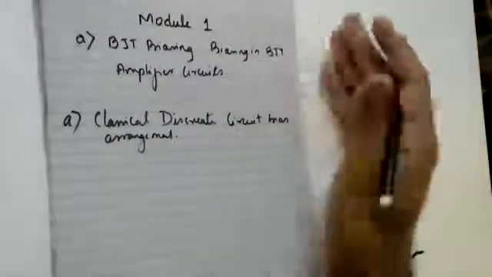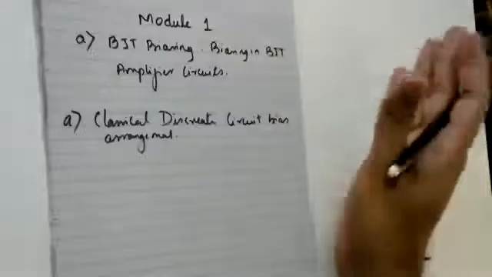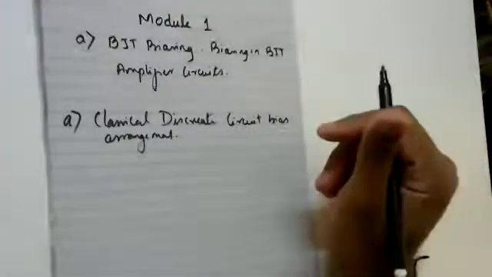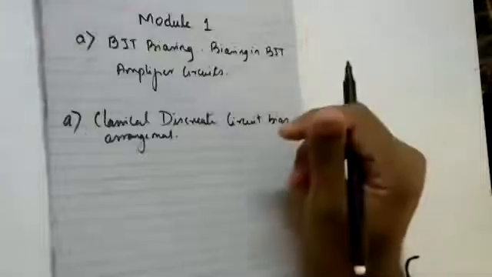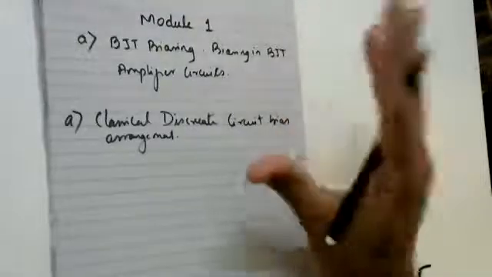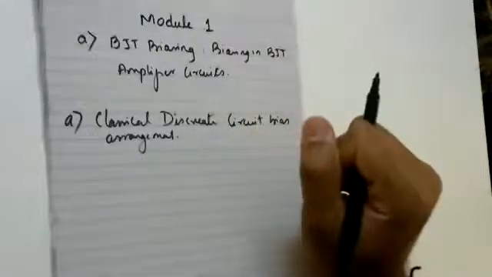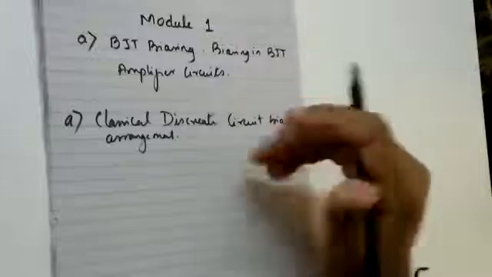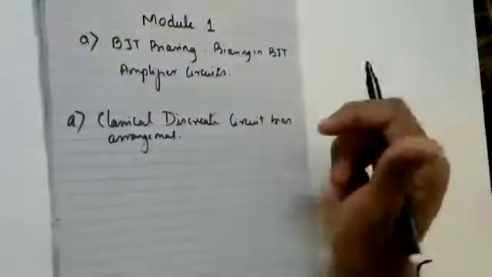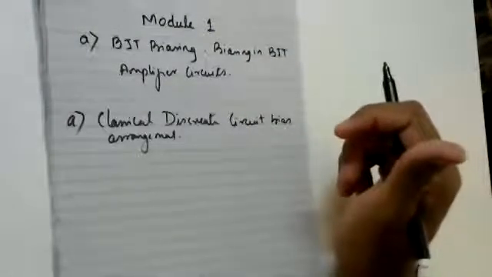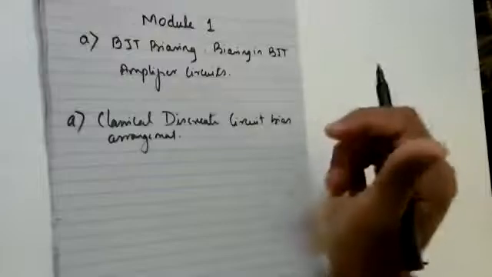Then we have identified some terms, alpha, beta, gamma, and the relation between all these. They give us a very good platform to start this circuit bias arrangement or voltage divider bias circuit.